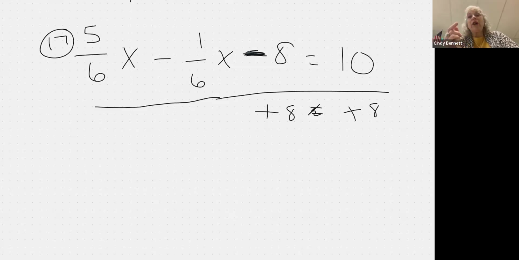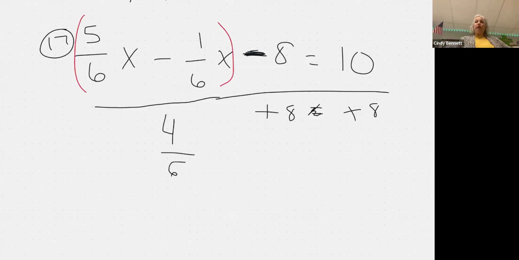So you added first, but the thing is you probably want to put together these two things first. So 5 minus 1, okay, so now you have 4/6 equals what? Okay, that works. Everybody good with that?